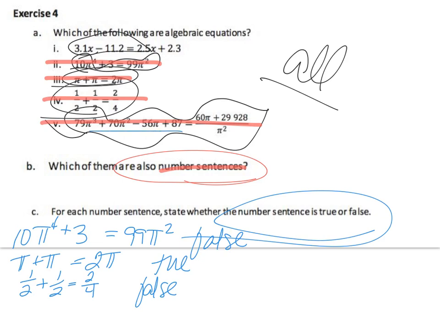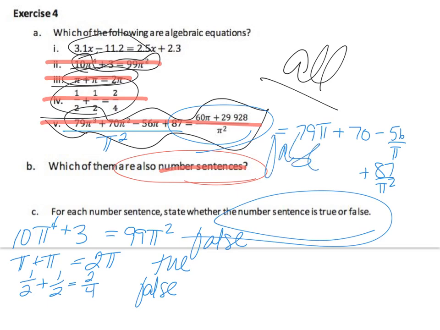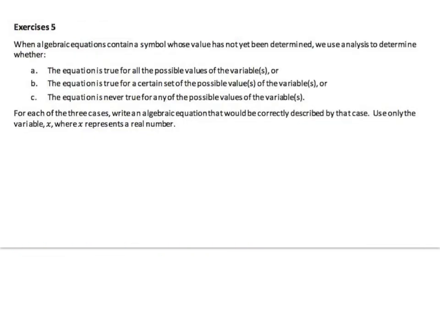If I took the left side of this equation and I divided it by pi squared, I would actually get 79 pi plus 70 minus 56 over pi, plus 87 over pi squared. Okay, it's just not equal. So I would say that one is, in fact, false. That was kind of painful, wasn't it?